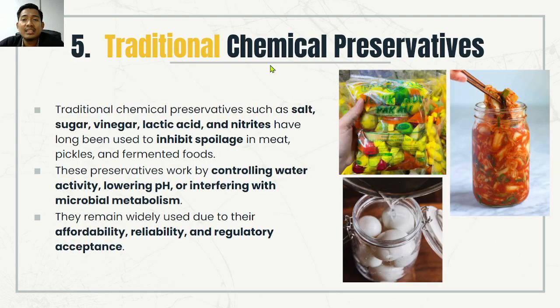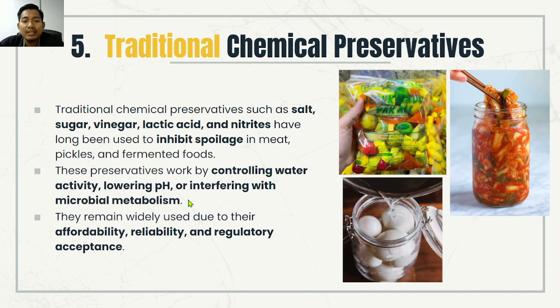Lastly, on the traditional chemical preservative, we use this kind of preservative in our house, such as salt, sugar, vinegar, lactic acid, nitrate, which have long been used to inhibit spoilage in meat, pickle, and fermented food. These preservatives work by controlling water activity, lowering pH, or interfering with the microbial metabolism.